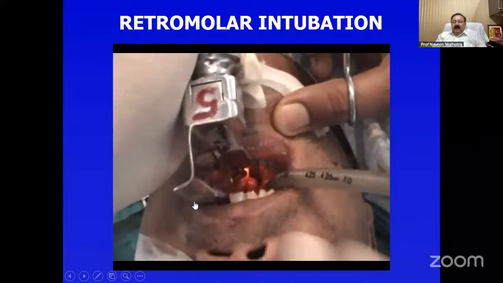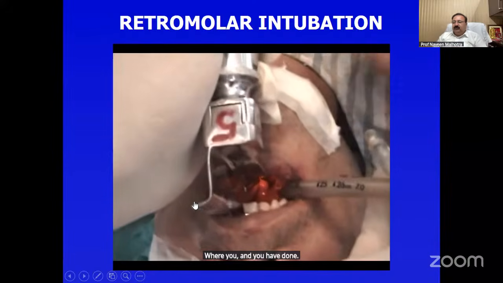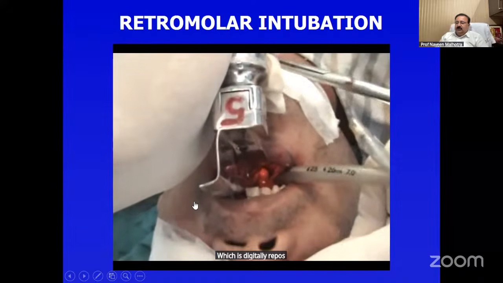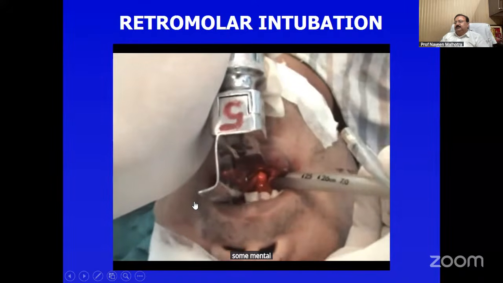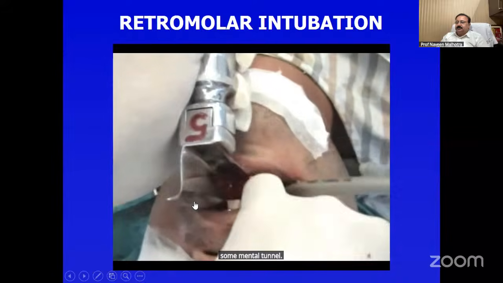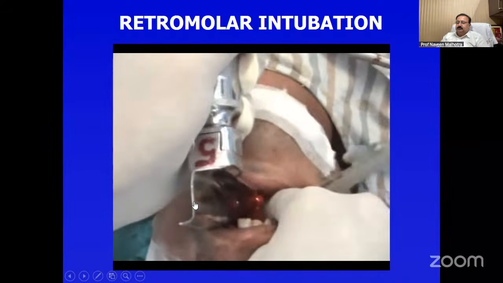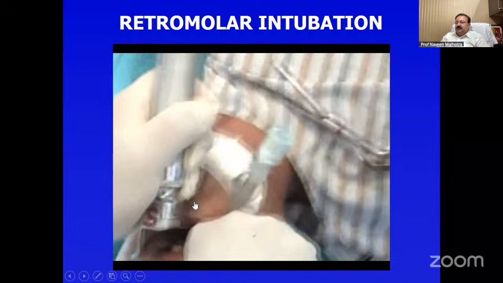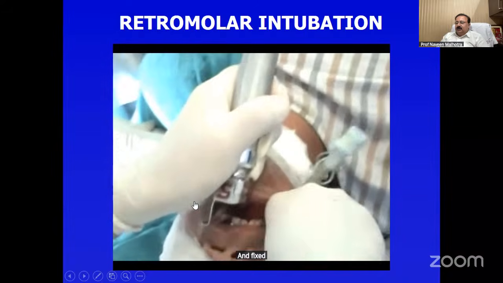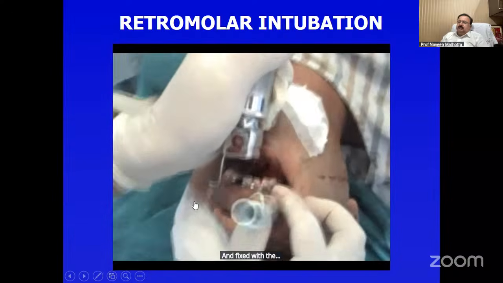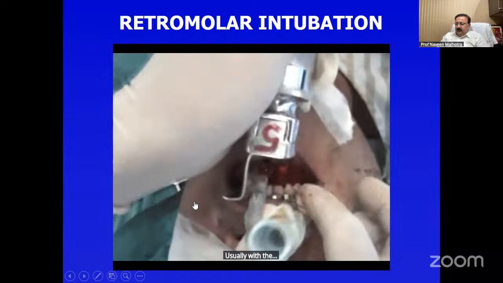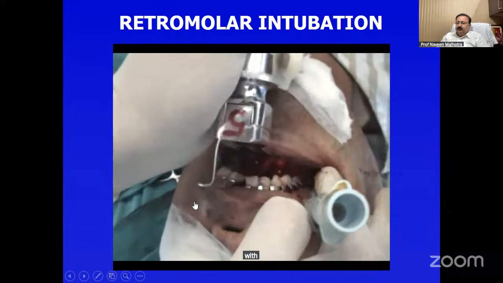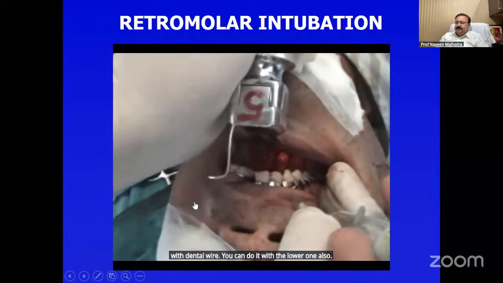You have done intubation with the flexometallic tube, which is digitally repositioned in the submental tunnel, and fixed usually with the upper teeth in a figure of 8 manner with dental wire. You can do it with the lower one also.